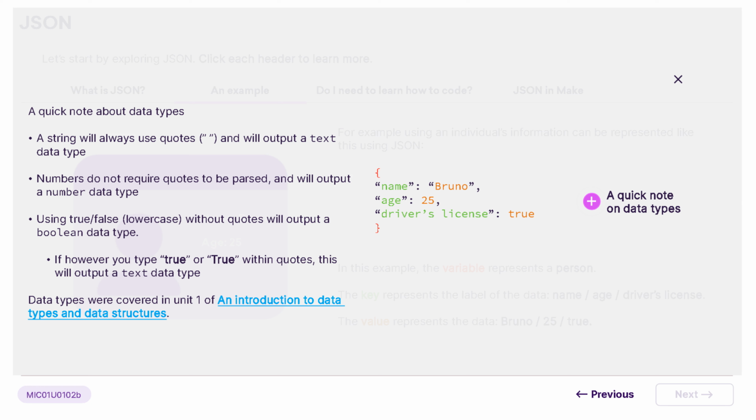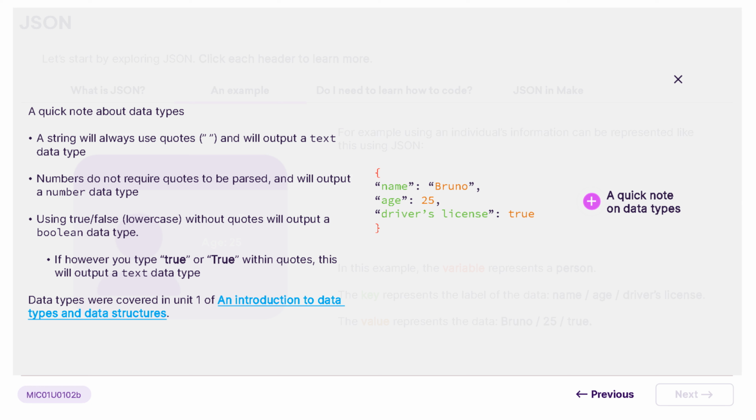Boolean values like true or false also have a unique representation. When written in lowercase and without quotes, they are recognized as Boolean values, meaning they can represent truthy or falsy conditions. However, if you enclose true or false in quotes, they become text strings, essentially transforming their function.